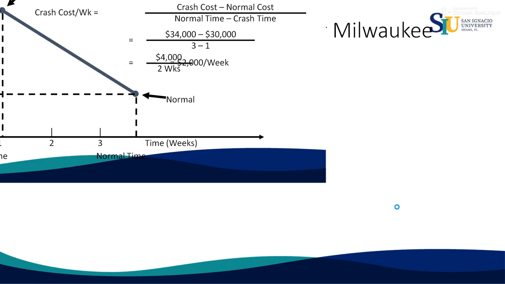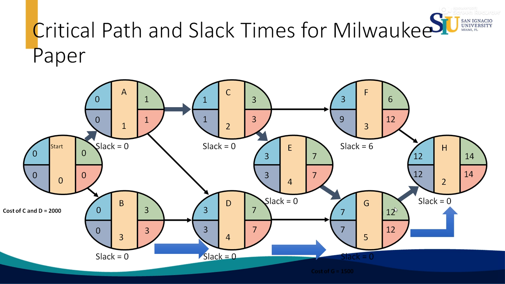Then we can now crash another activity, in this case activity G, for 1 week, only 1 week. Then the new activity G is going to be 4 weeks, as you can see. Activity A stays at 1 week, and this is the new critical path. And now we have 13 weeks.